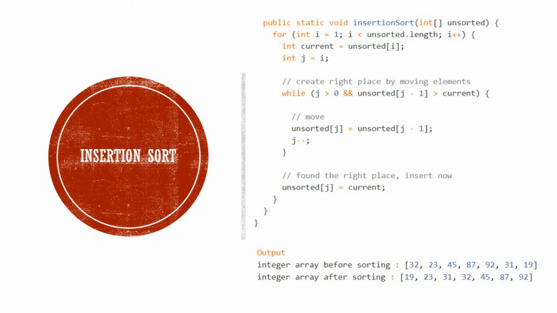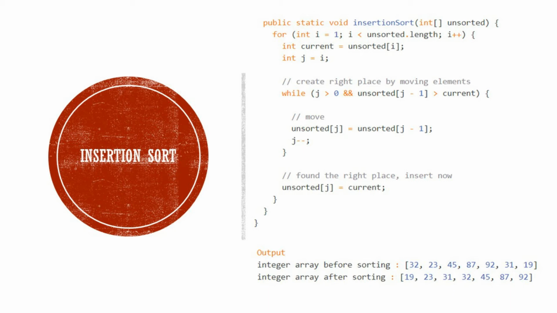And then the coding below is to create the right place by moving the elements. It is a while loop: j is bigger than 0 and unsorted j minus 1 is bigger than current.